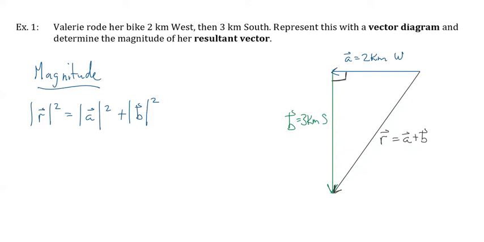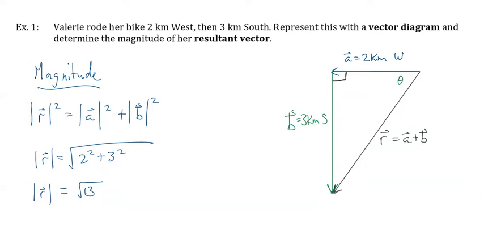If you were asked to actually find the resultant vector, not just the magnitude of it, what would you do? You would do SOHCAHTOA to find theta, or if it was a non-right triangle, sine law, cosine law. Depending on the question, this is something you might do in another course, or in a geography course, maybe.